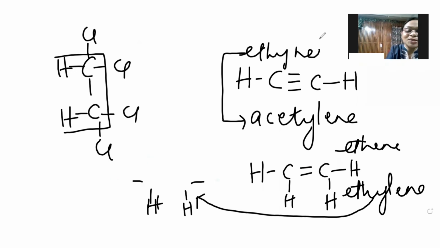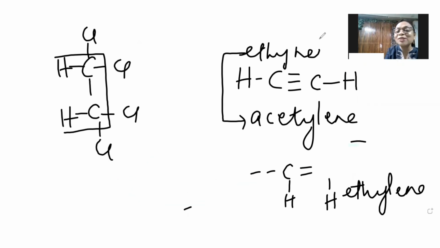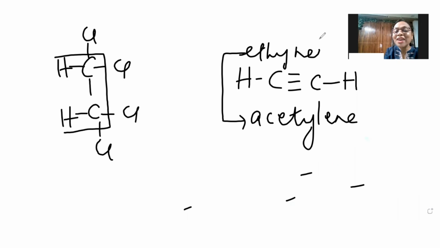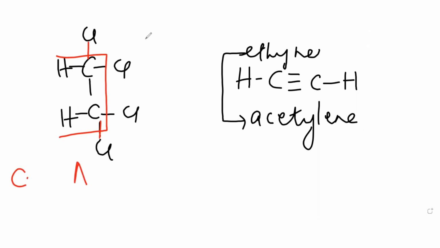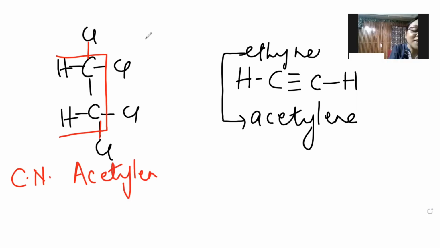All right. So similarly, here also, since we have an acetylene group, are you able to figure out? We are having an acetylene group. So the common name would be called acetylene tetrachloride.